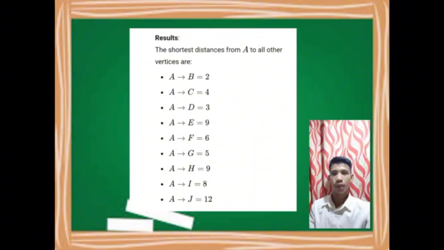The shortest distances from A to all other vertices are: A to B equals 2, A to C equals 4, A to D equals 3, A to E equals 9, A to F equals 6, A to G equals 5, A to H equals 9, A to I equals 8, and A to J equals 12.